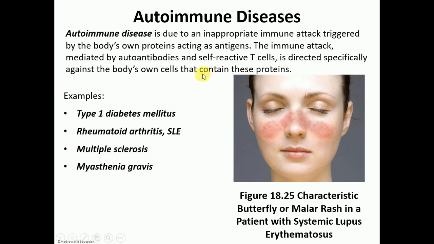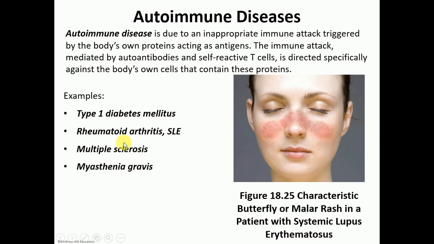The immune attack, mediated either by T cells or autoantibodies, can lead to autoimmune diseases. For example, type 1 diabetes, where there are autoantibodies against the pancreatic cells, rheumatoid arthritis, SLE, MS, which is multiple sclerosis, or myasthenia gravis.